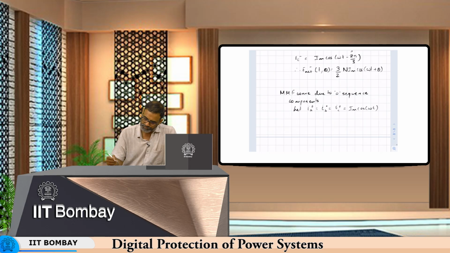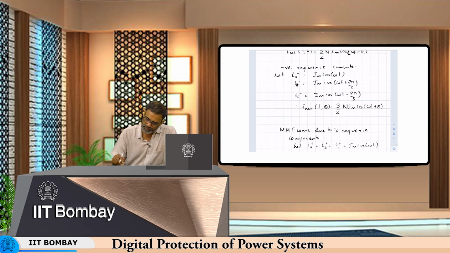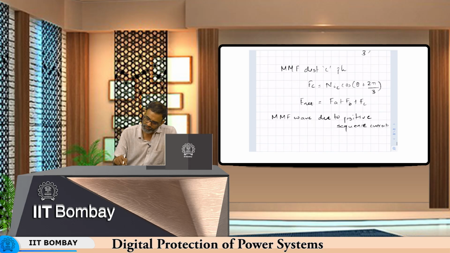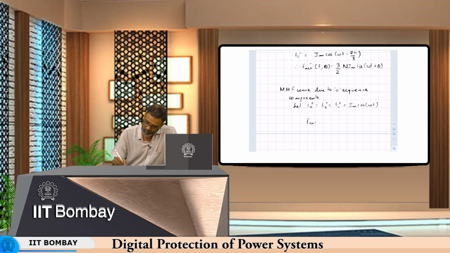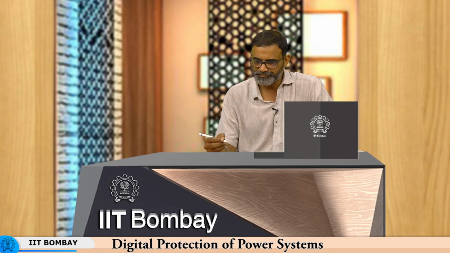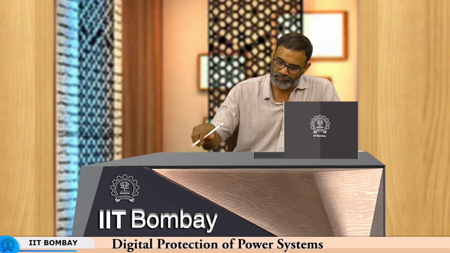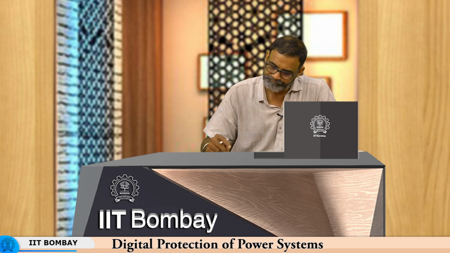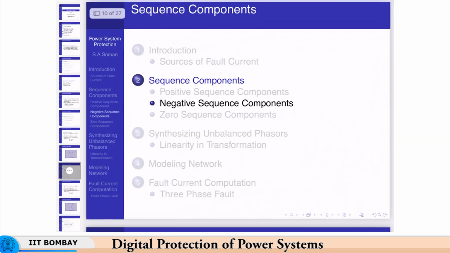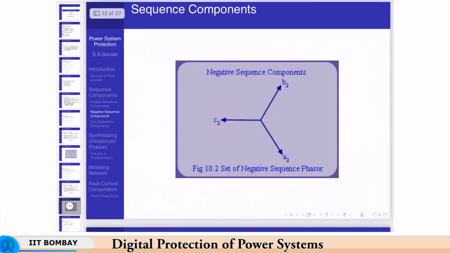So, if you substitute these three currents here in this expression F net, then the resultant F net of theta is equal to 0. Okay. So, that is how you get the resulting MMF wave to be 0. So, if you excite an induction machine with zero sequence currents, then you will get no rotating magnetic field. Okay.